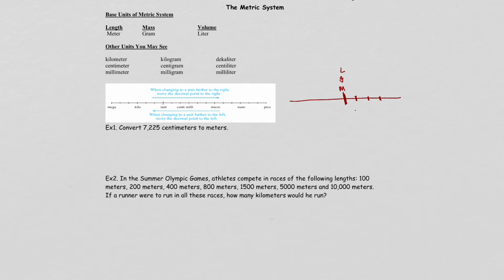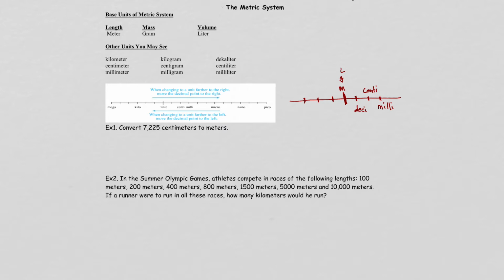So if I write this down, it will be centi and milli going down. And then going up, remember the three most used units.